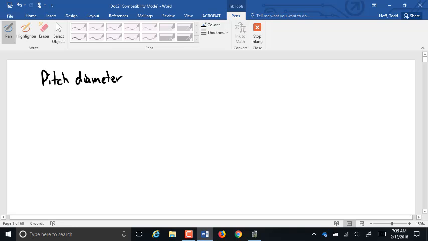Okay, the pitch circle, 253. Pitch diameter and the pitch circle. Okay. The pitch circle, Tom, if you look up here on the board, is that circle that goes around here.